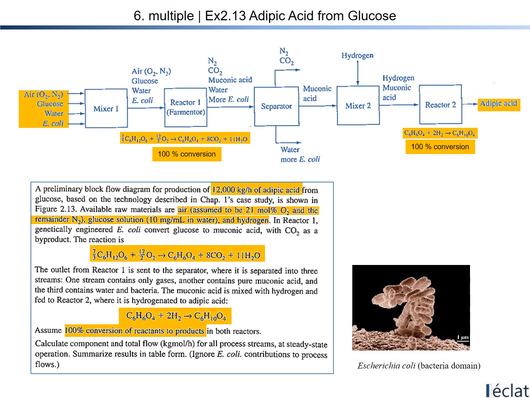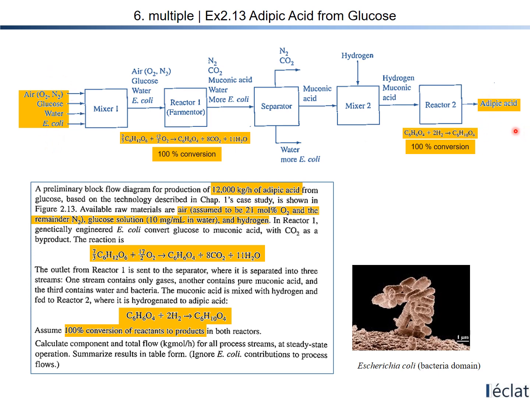So for example, here we have very many units in this process: mixer, reactor, separator, mixer, reactor. So we have 5 units. Of course, like in the previous example, we can take the whole entire process as a single system. In that case, we could calculate the true input and true output.